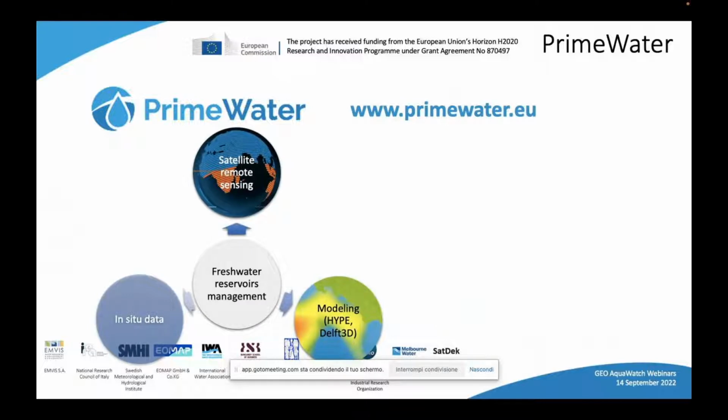As I said, PrimeWater tries to improve the monitoring of freshwater reservoirs and their management, in order to also do some forecasting in terms of water quality by integrating satellite remote sensing, in situ data observations, and modeling, mostly based on hydrodynamic models, which is HYPE, as well as ecological modeling, which is developed thanks to DELFT3D from Deltares.